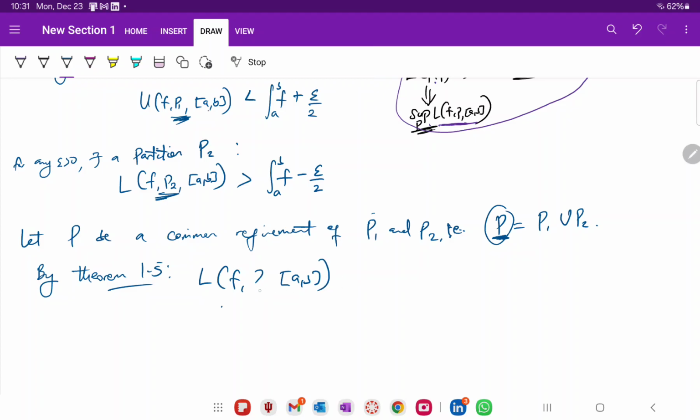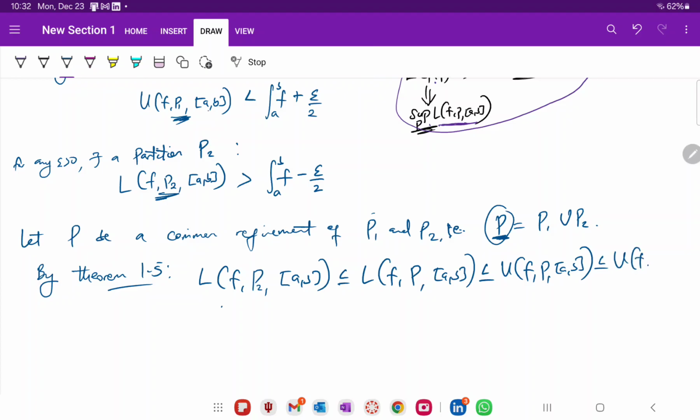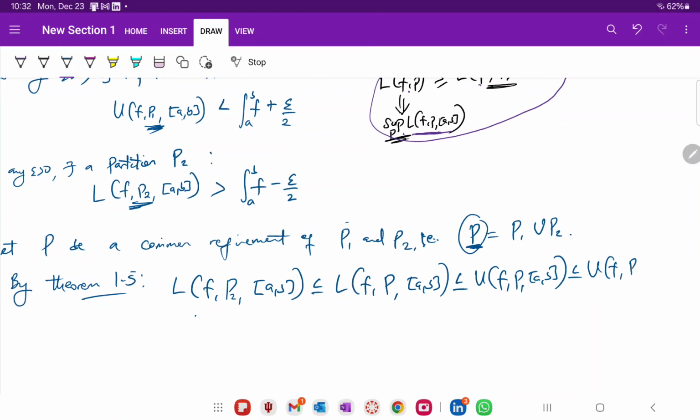The lower Riemann sum over partition P2 is less than the lower Riemann sum over the new refinement partition, and that is also less than the upper Riemann sum, and this is also less than the upper Riemann sum over the partition a, b.